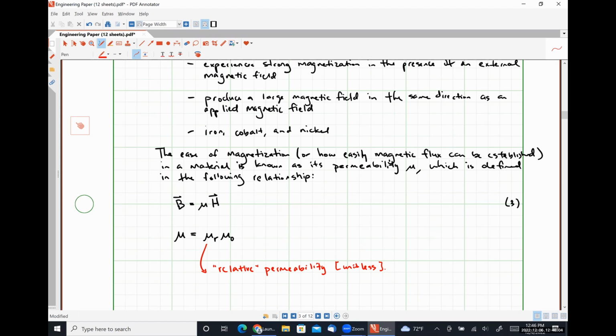And it simply scales mu naught, where mu naught is the permeability of free space, which is equal to 4 pi times 10 to the minus 9 henries per centimeter.